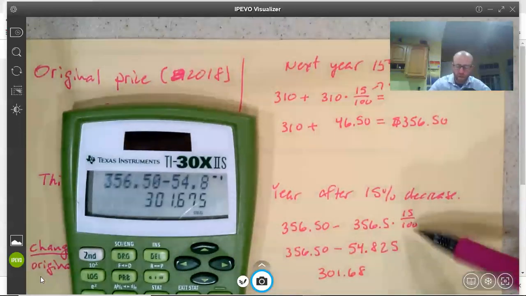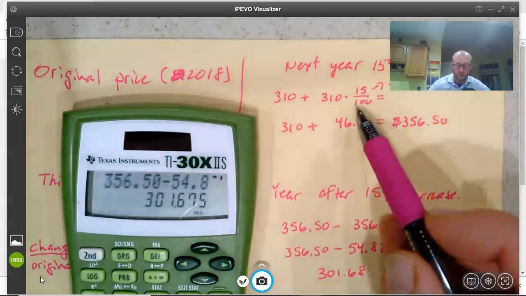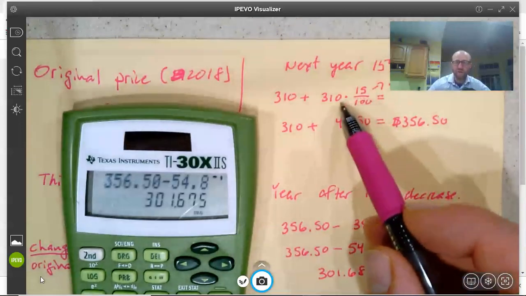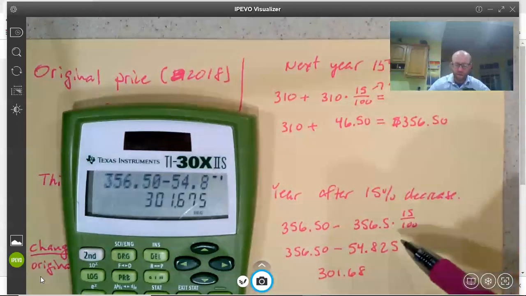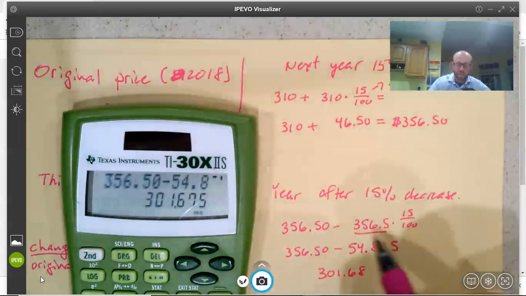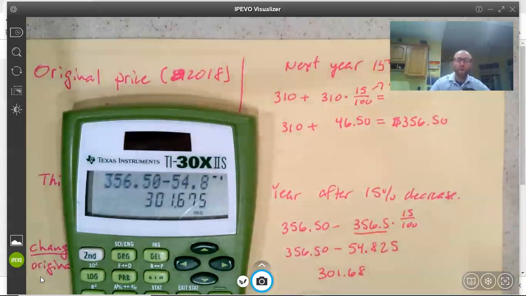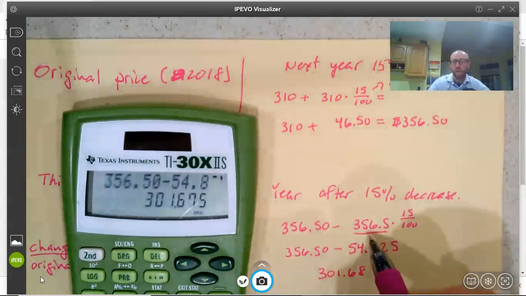And that's because 15% is a portion of a total. So I'm taking a fraction of this 310 and I'm adding it onto the 310. But when I take that same size fraction but of a larger amount, then I'm taking away something bigger than what I added on in the first place, because this 15% is the same size portion but of a bigger pie.